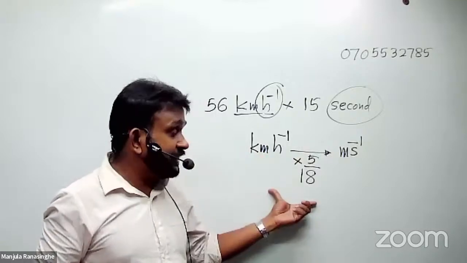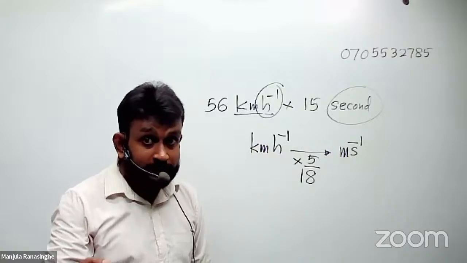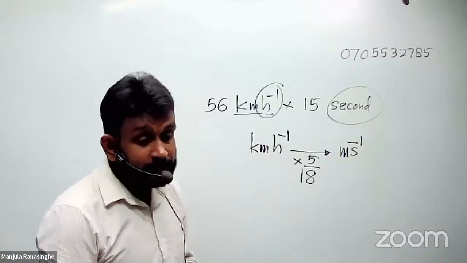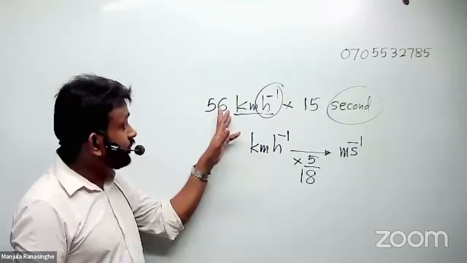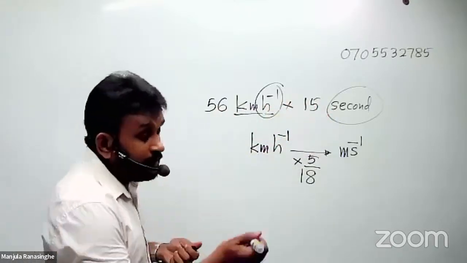Remember this well, write it down if you don't know. Kilometer per hour converts directly to ms minus 1 by multiplying by 5 upon 18, because you cannot multiply these two, since two different units are involved.